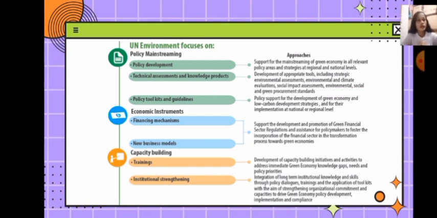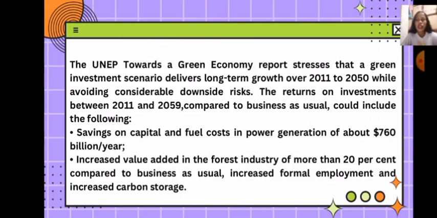So next, the UNEP Towards a Green Economy report stresses that a green investment scenario delivers long-term growth over 2011 to 2050 while avoiding considerable downside risk. The returns on investments between 2011 and 2050 compared to business as usual could include the following.